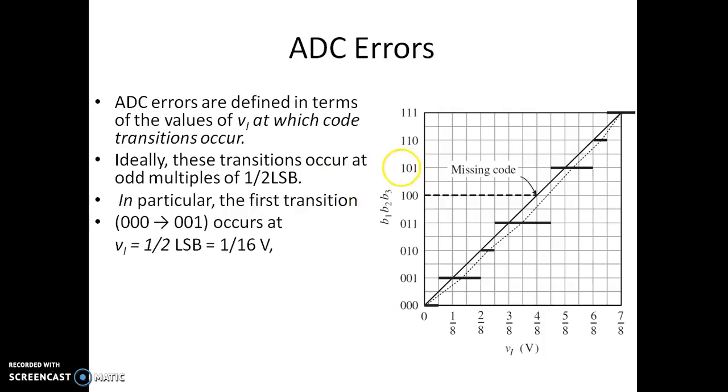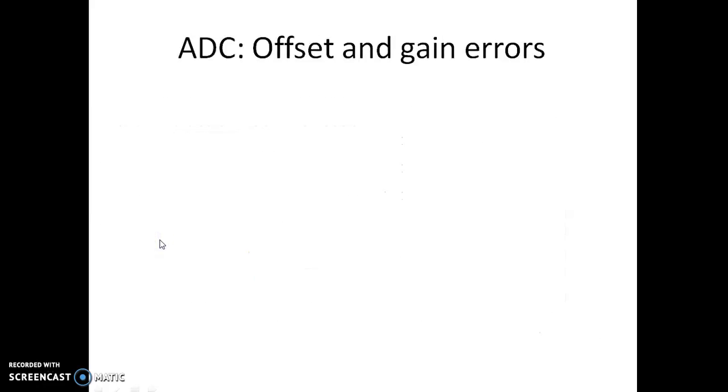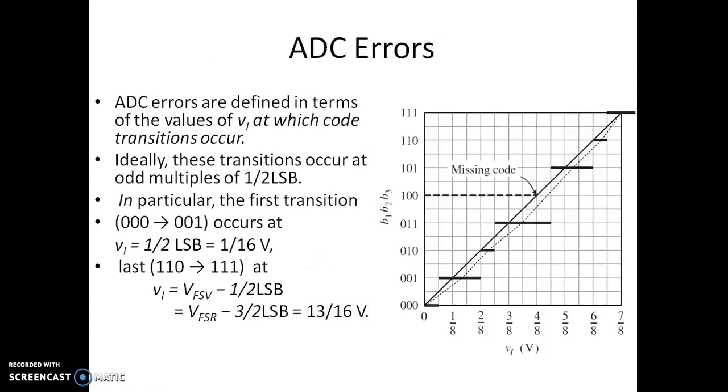In particular, the first transition, that is from 000 to 001, is where the output is making a transition when the input is 1 by 16.